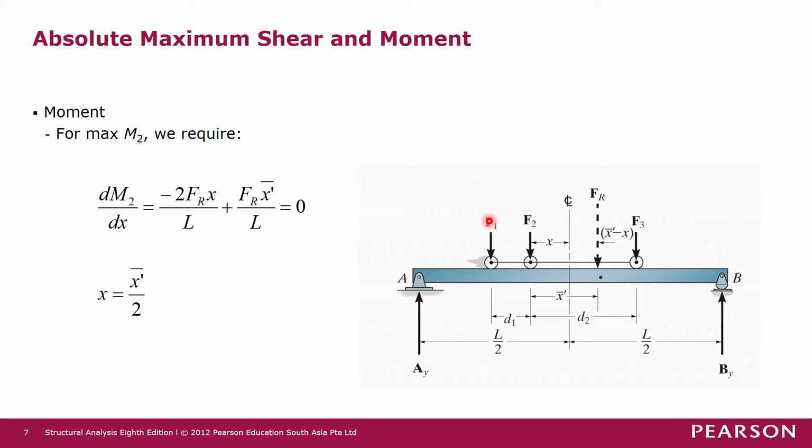And then you plot the graph to see where you get the peak maximum moment. As opposed to the method that we have discussed just now, this one you just need to do 1 or 2 analyses and you will get the absolute maximum moment.